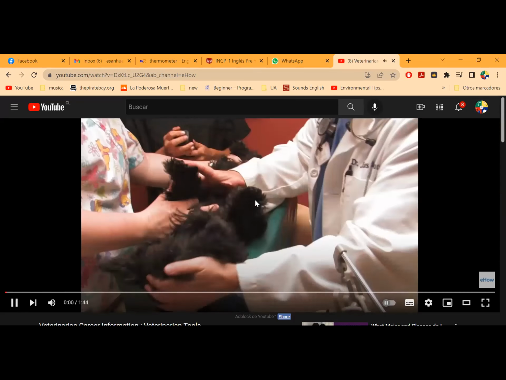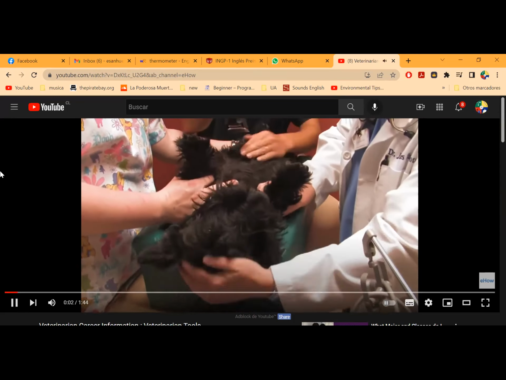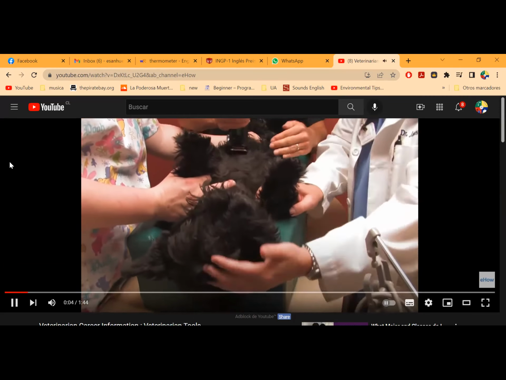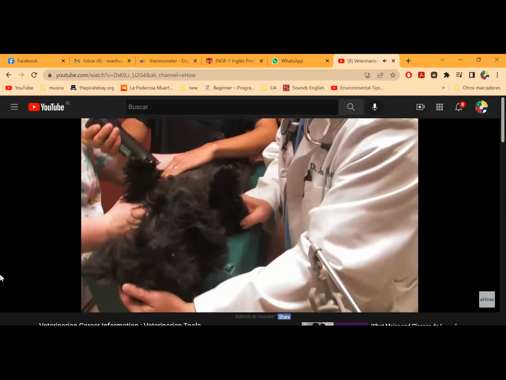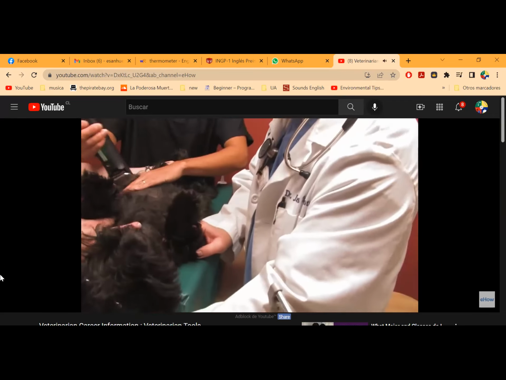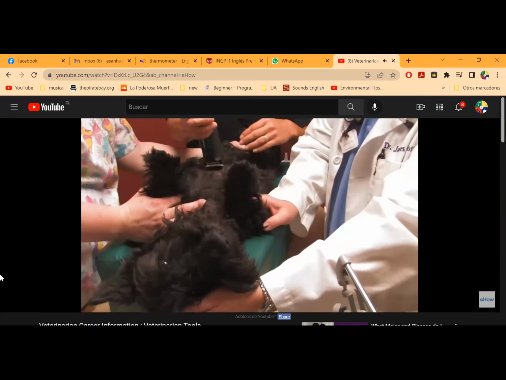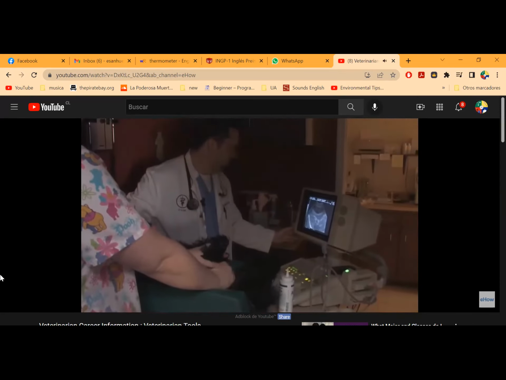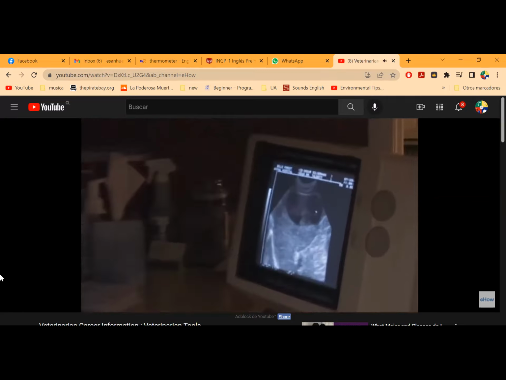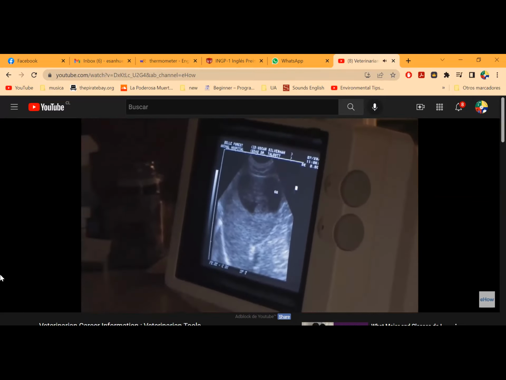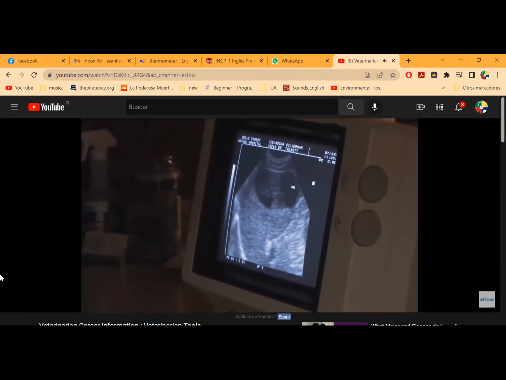Here we go. So we are checking his liver and his spleen and all of his abdominal organs to make sure that he does not have cancer. This is our liver. We're going to take a quick picture of this thing so we'll have it in record.